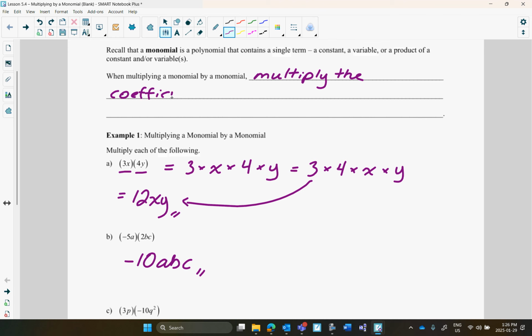Multiply the coefficients, the numbers in front. And then multiply all the variables.